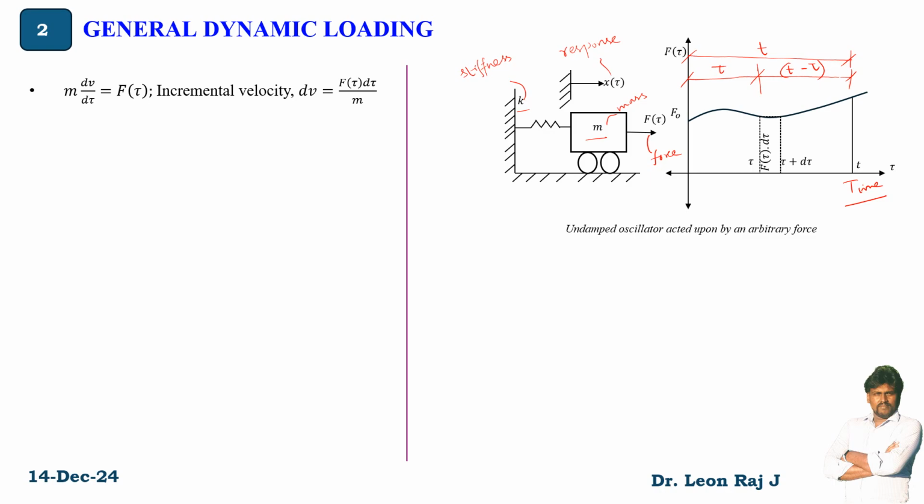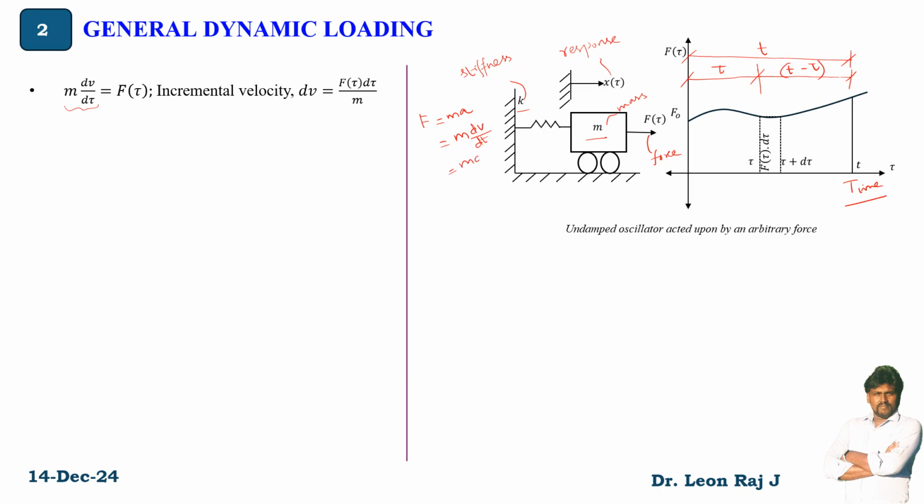Here we are all familiar that force equals mass into acceleration. What is acceleration? The change of velocity with respect to time. So this is nothing but f equals m dv by d tau. Here the time variable is tau.